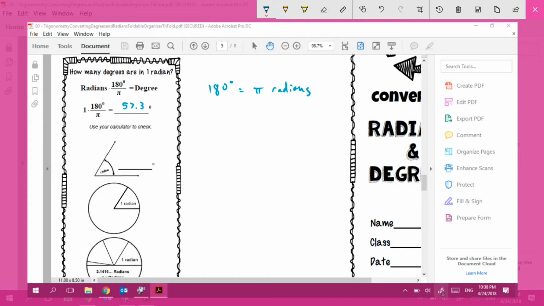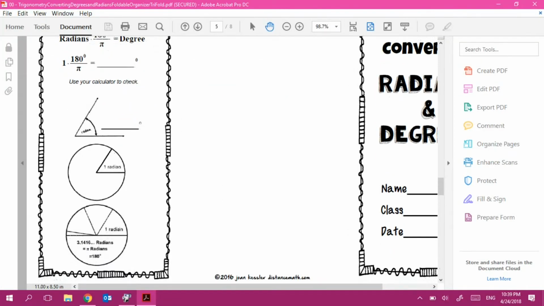about 57.3 degrees. This is supposed to be degrees like up here. 57.3 degrees is 1 radian. So if you look at our picture over here in the circle, let me scroll it down, 1 radian is about that much of our cookie cake.